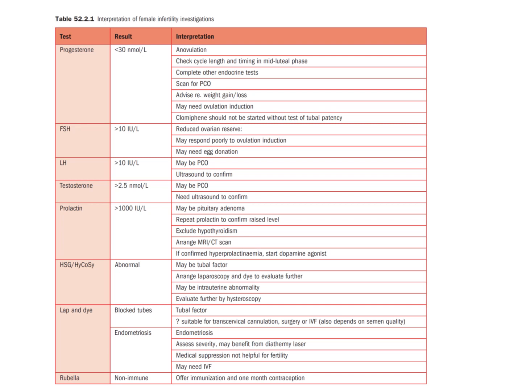Then they tend to need a dopamine agonist for them to return to ovulation to counteract this prolactin. So something like bromocriptine or cabergoline will help to relieve ovulation problems from prolactin.